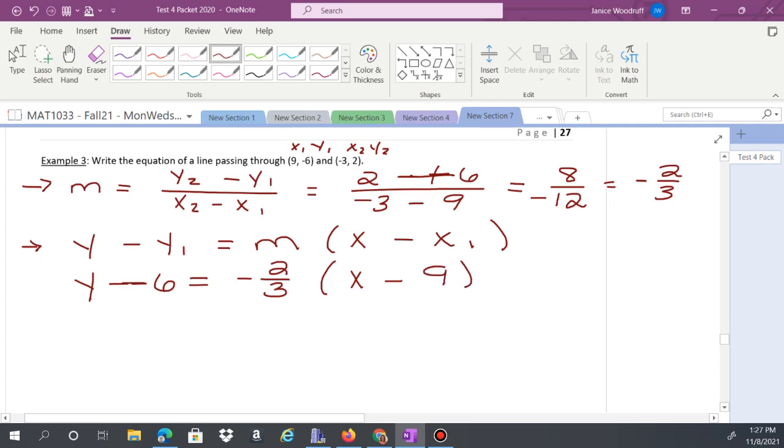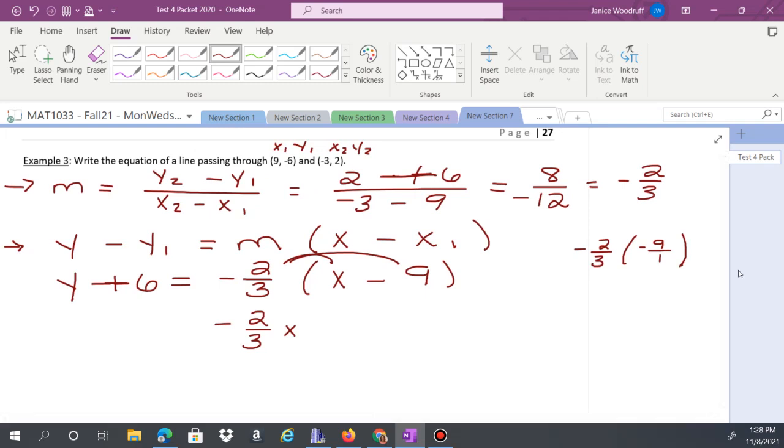All right, so this will turn into a plus 6. Then we want to work this out. So negative 2/3 times x is negative 2/3 x, and negative 2/3 times negative 9 will give us 18 over 3, so plus 6.